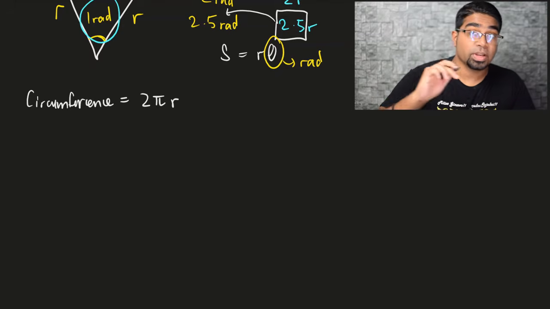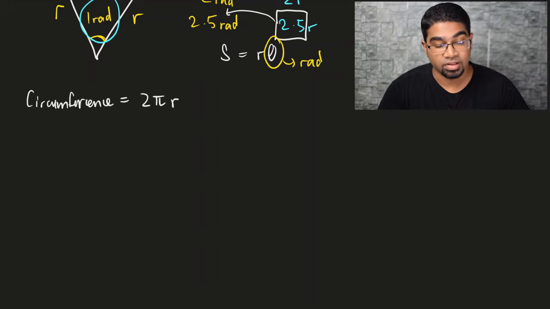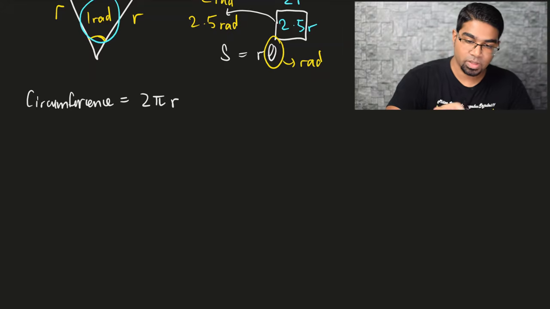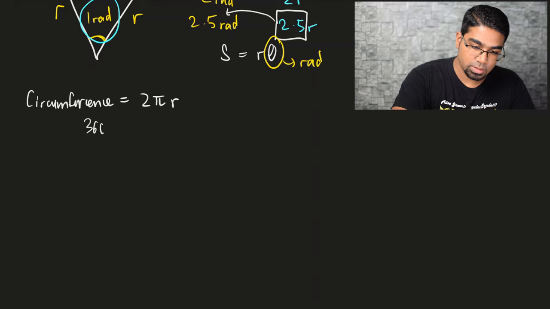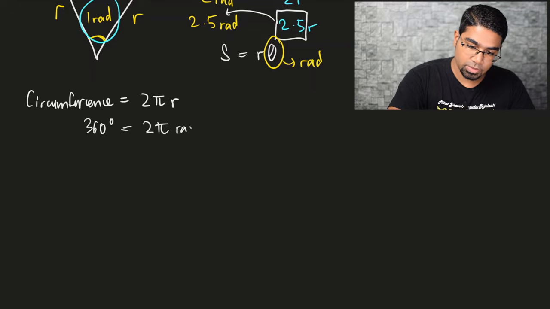We already know that in degrees it is 360 degrees. This means that 360 degrees is equal to 2 pi radians. And now we know the relationship, we can figure out our conversion.